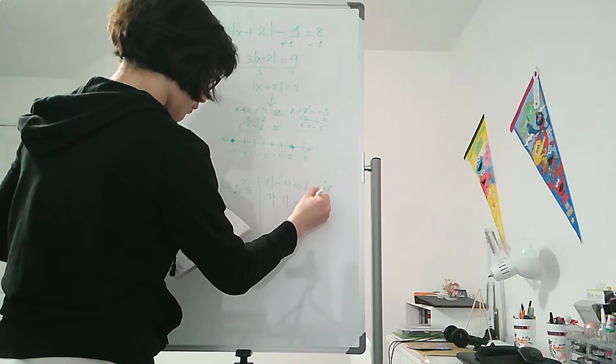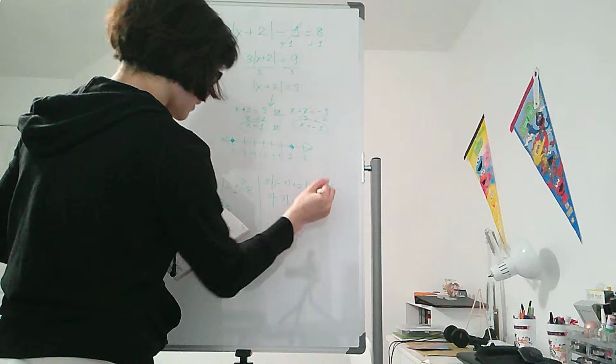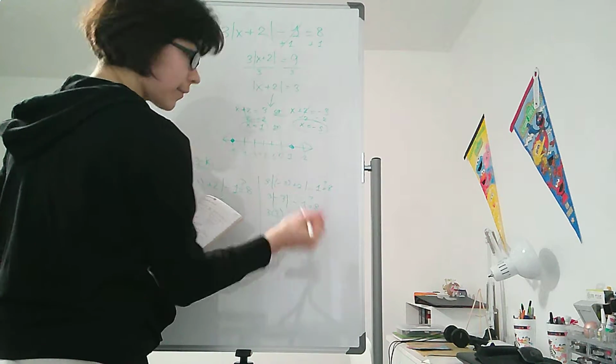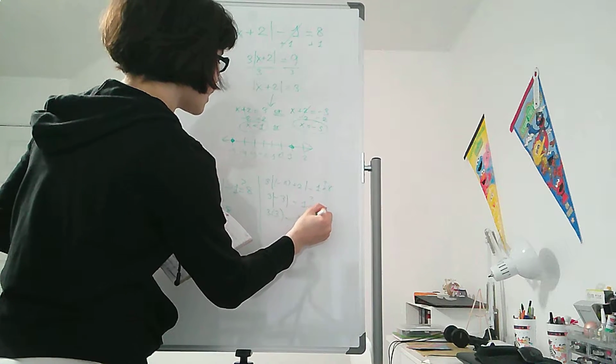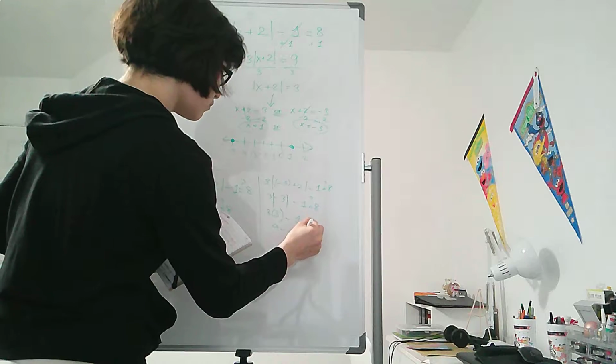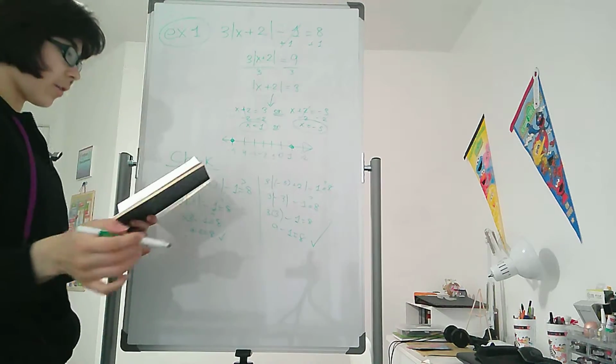Then you've got your minus 1 equals 8. And the absolute value of negative 3 is 3, because it is 3 units away from 0. So then we simplify: 9 minus 1 equals 8. They both check out.